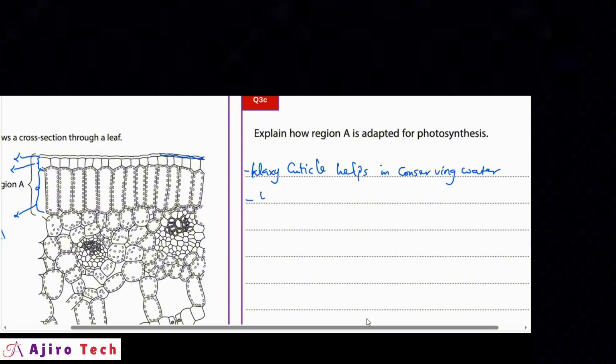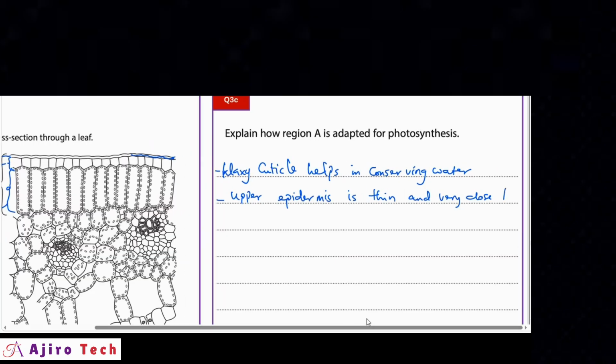So the upper epidermis is thin and very close to the surface, so it helps more light to penetrate into the leaf. So that's that about the upper epidermis.